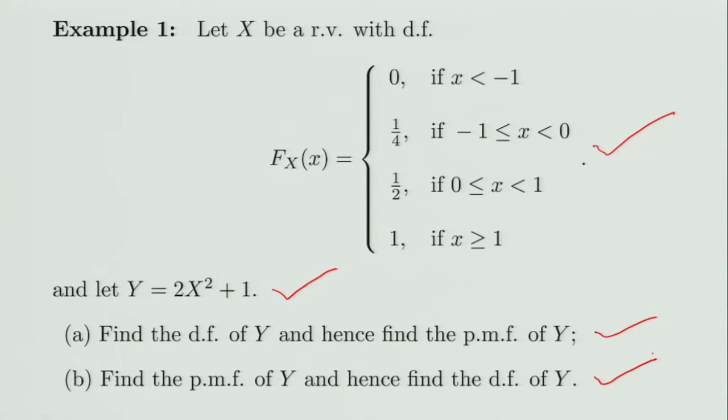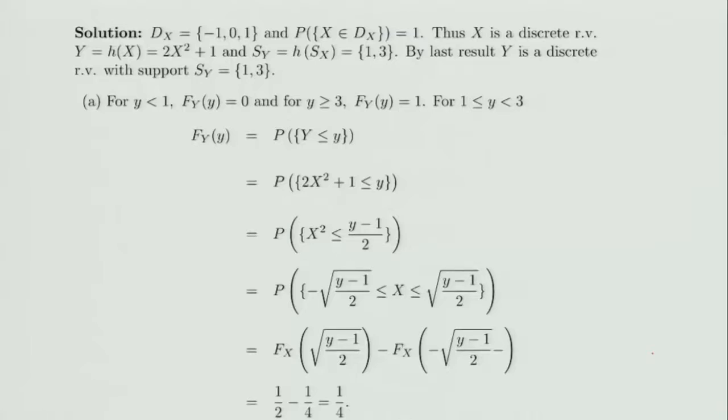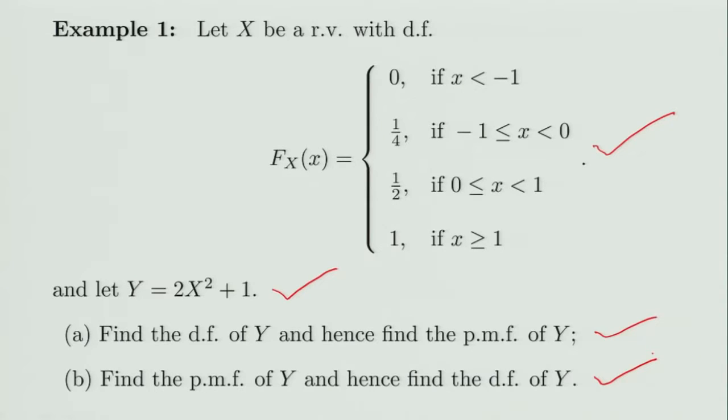Note that I already know that Y is a discrete random variable. So I need to look at what is my Sy, that is the support of Y. Note that this distribution function clearly has the set of discontinuities as -1, 0, and 1.